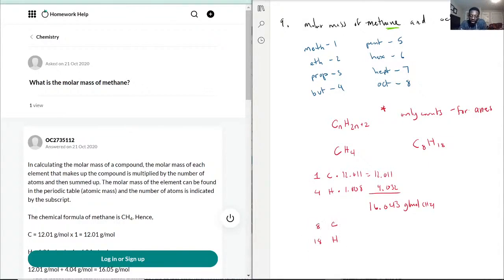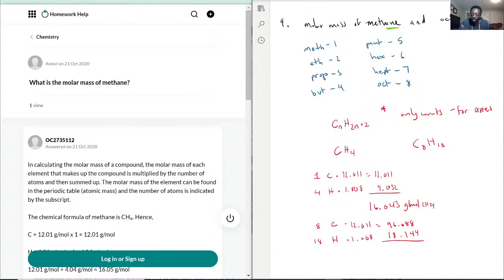Now if we were solving for octane, it's the same thing, we just have a much bigger number. 8 carbons, so 12.011 times 8 is 96.088. And now the hydrogens, 18 times 1.008 is 18.144.